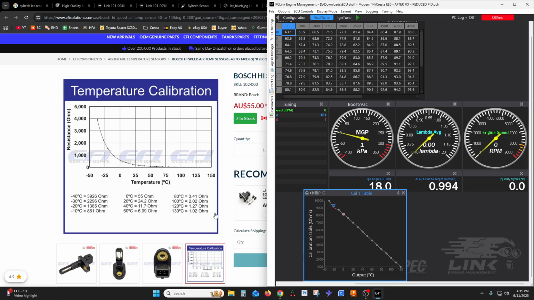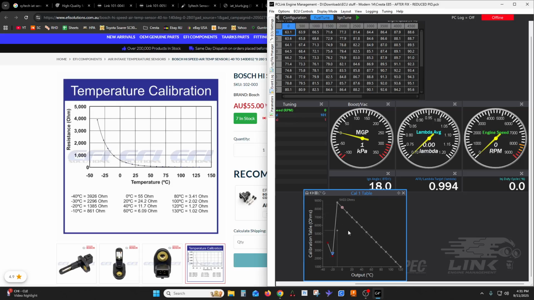So -30, we want, oh yeah, look, it says here. So -30, we want 3926. We'll just put that there. -20, we want 2296. So just put that there for now.